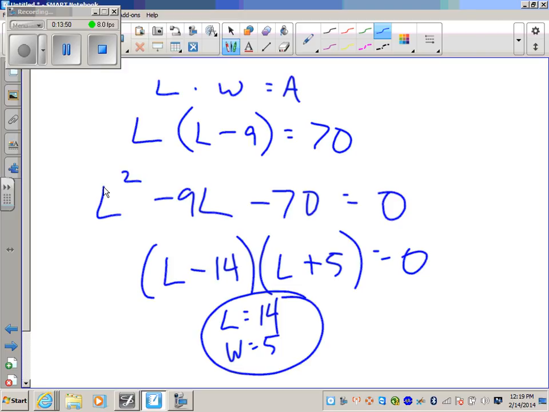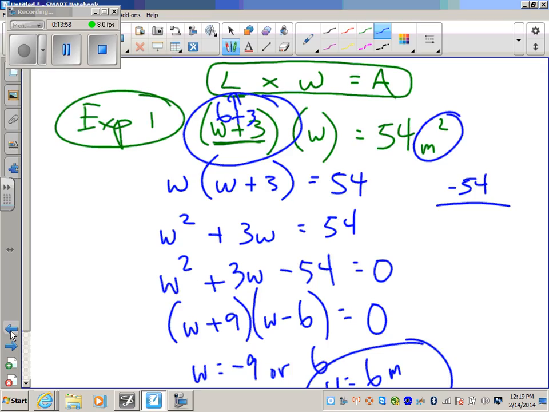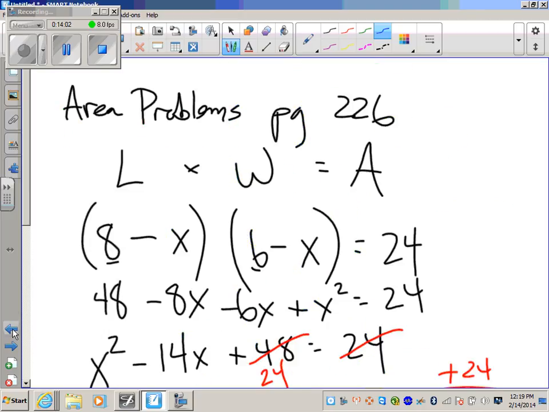Okay, fine. My question is, the first problem we did, when you were talking about how we have to switch, why are you not switching it to X and Y? If you're going to trim the length of a picture and the width of a picture by the same amount, this is what we're finding out, how much we had to trim that picture.